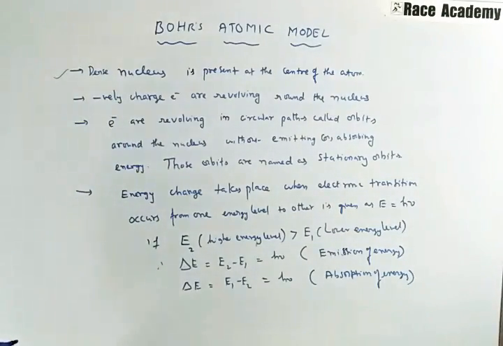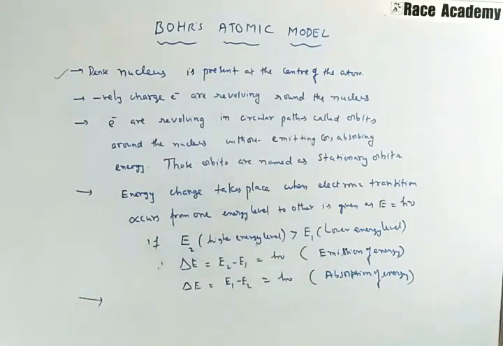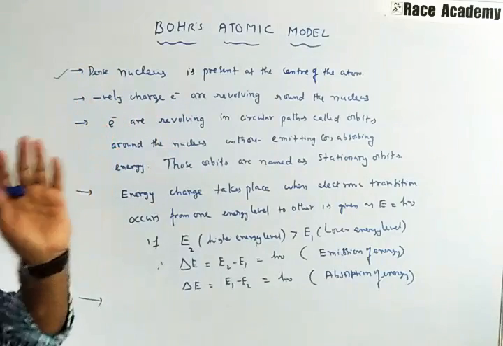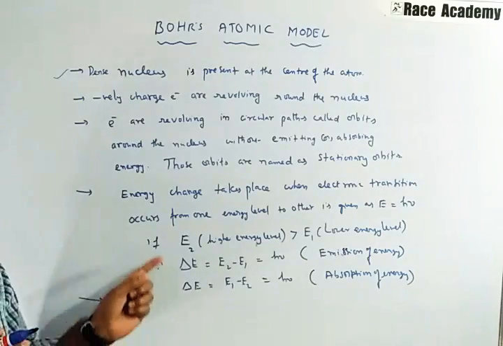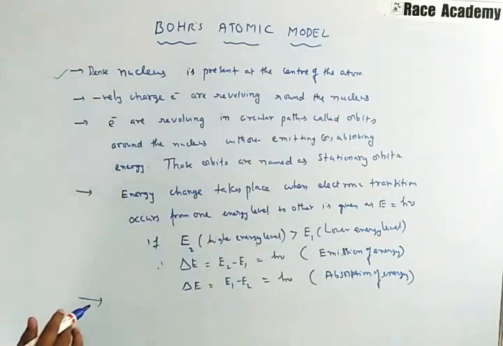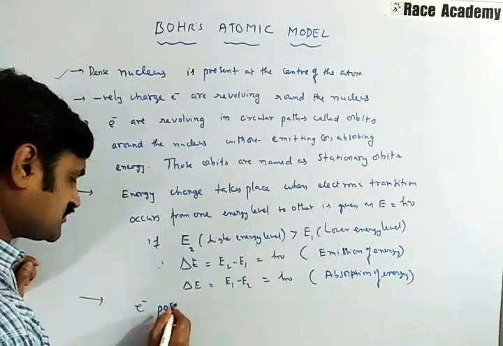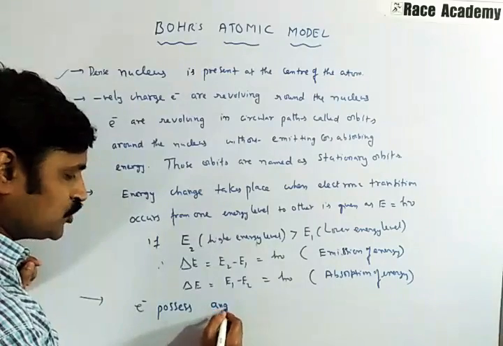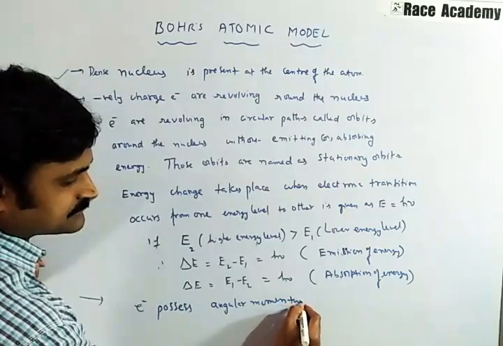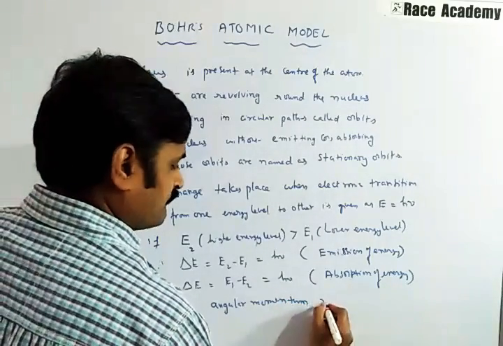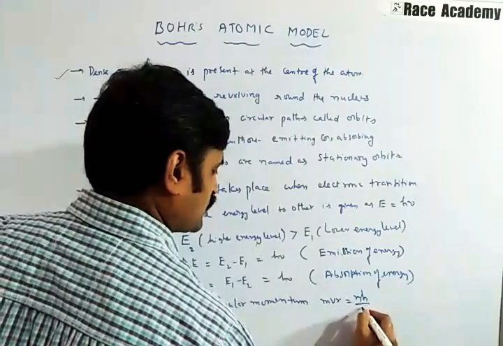Another most important postulate in Bohr theory is that the electron revolving around the nucleus possesses angular momentum equal to simple integral multiples of h by 2 pi. That means the electron possesses angular momentum mvr equal to nh by 2 pi.